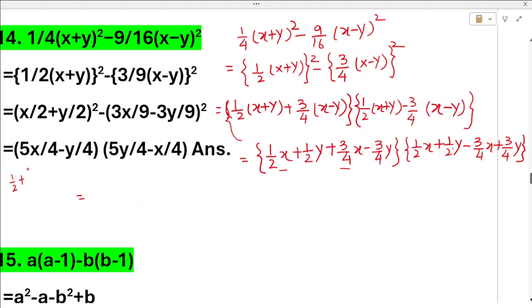If you do not know, see, the LCM of 4 and 2 is 4. 2 2s are 4, and 2 should be multiplied with numerator 1. 4 1s are 4, 1 3 is a 3, so it becomes 5 by 4, correct? So 5 by 4.